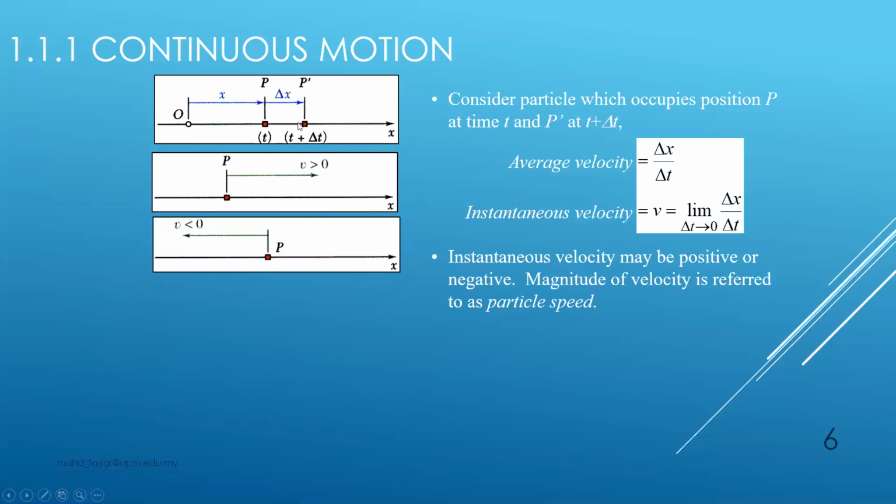Then it moves further forward by a distance of delta x, with another delta t, and therefore the total time from point O to point P prime would be t plus delta t.